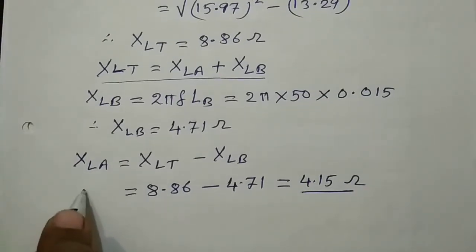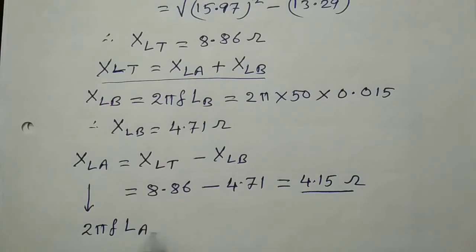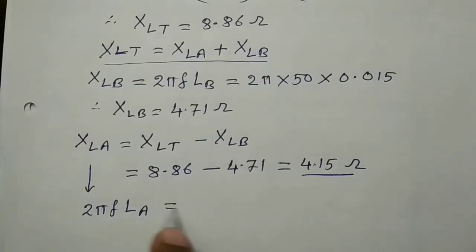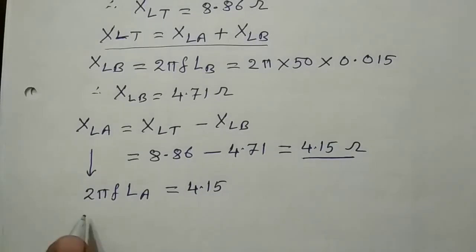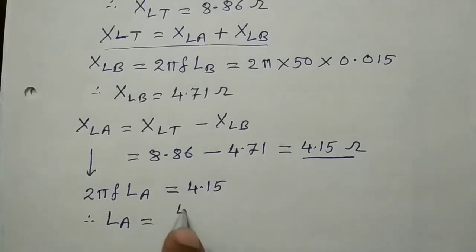This is the inductive reactance of the coil A. Now the inductive reactance of the coil A can be written as 2 pi f LA, where LA is the inductance of the coil A, and it is 4.15. Therefore, LA can be written as 4.15 upon 2 pi f, here the frequency is 50.